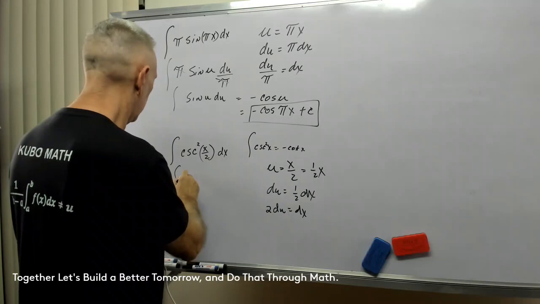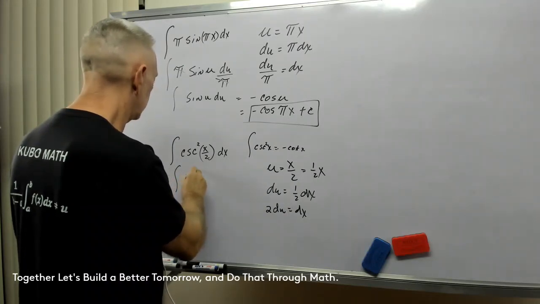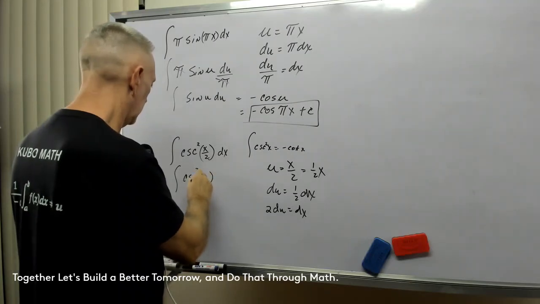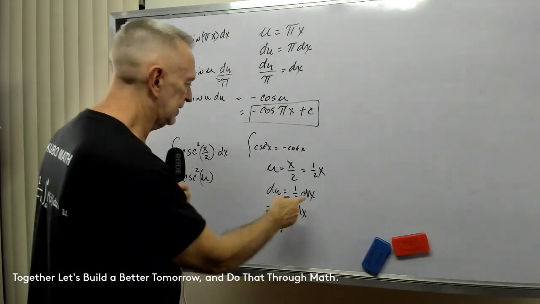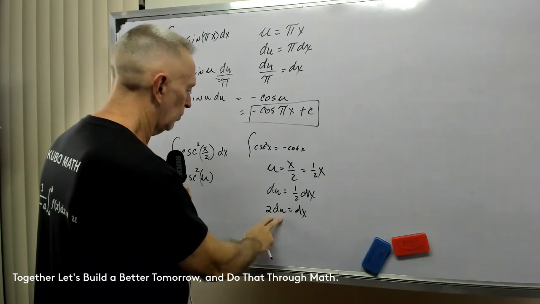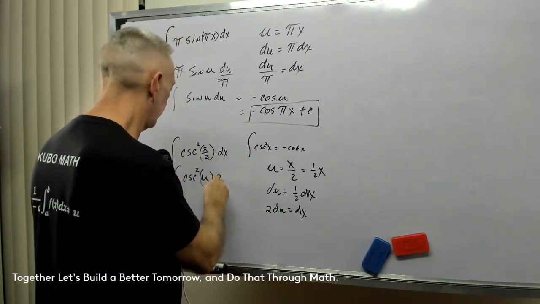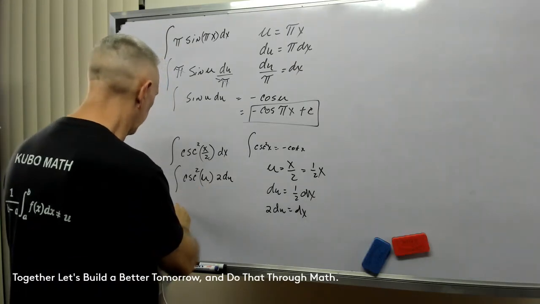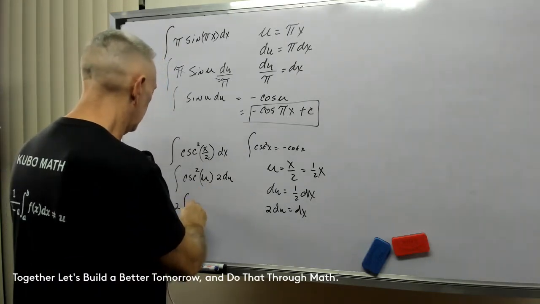We have cosecant squared u, and we're replacing dx with 2 du. Okay, so the 2 comes to the outside of the integral.